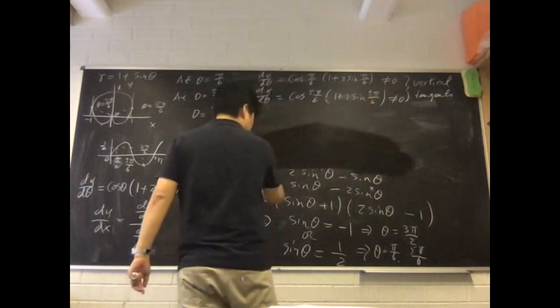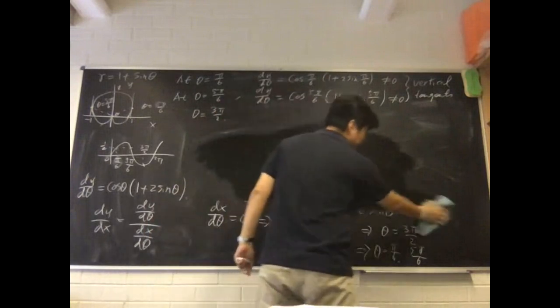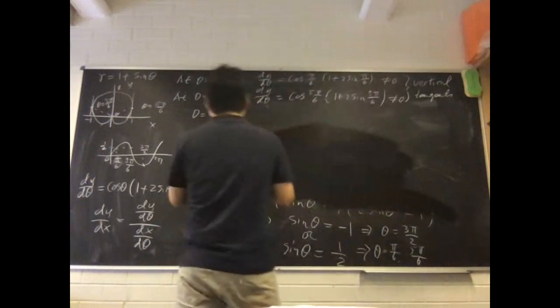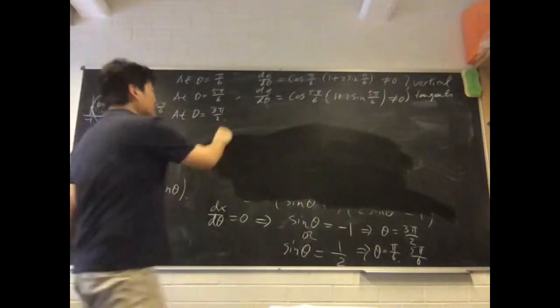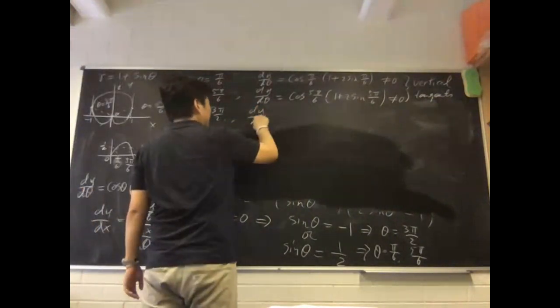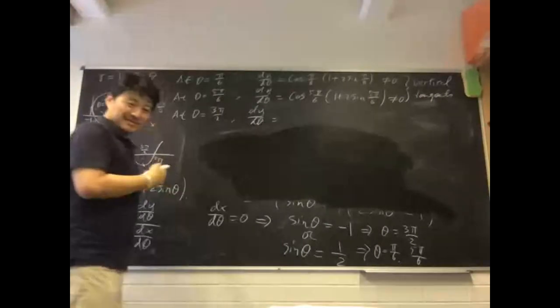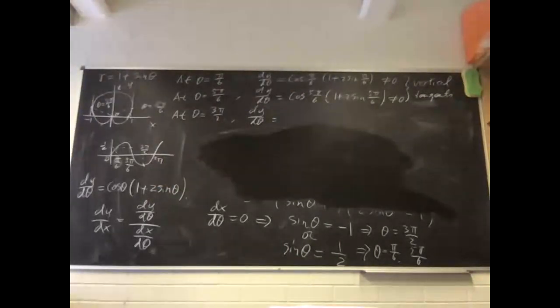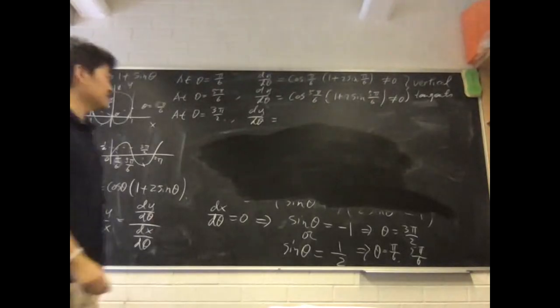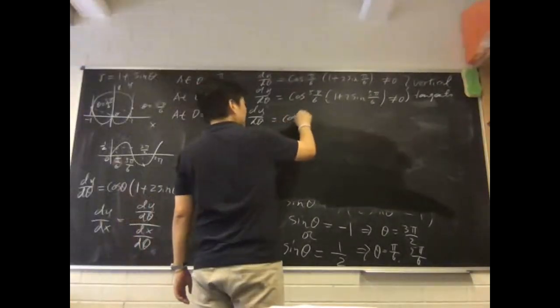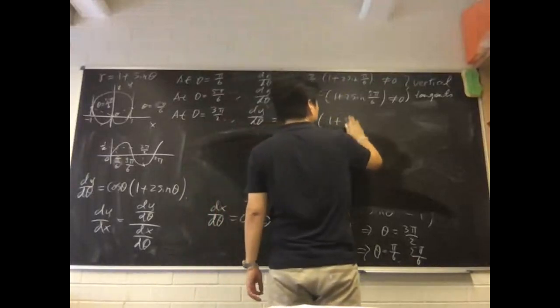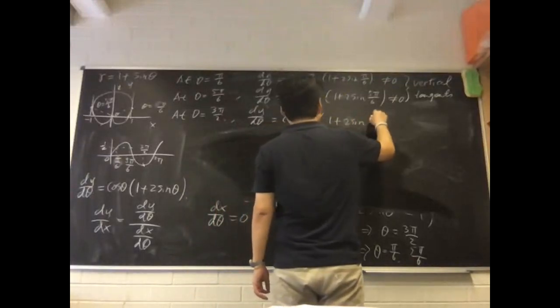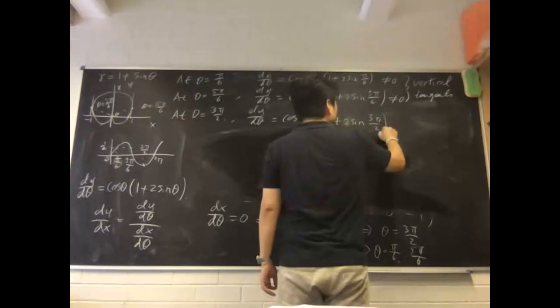I won't discuss this in its greatest possible detail, but at 3 pi over 2, what is the value of dy/d theta? Well, there's going to be a problem here. It's cosine 3 pi over 2 times 1 plus 2 sine 3 pi over 2.